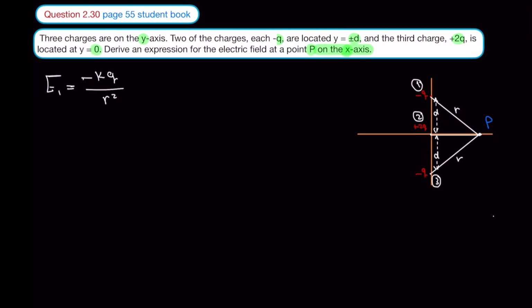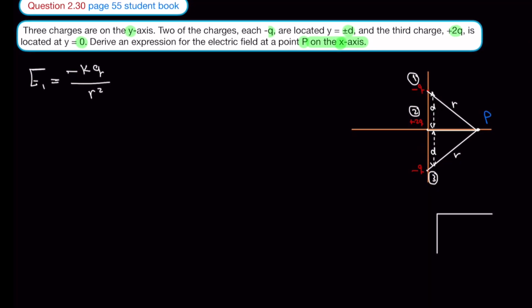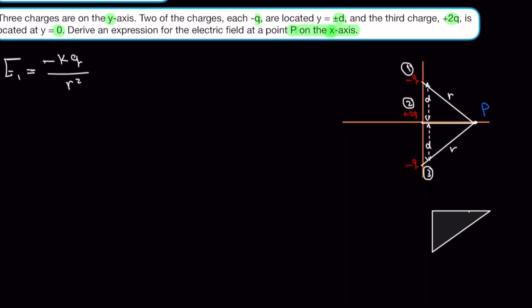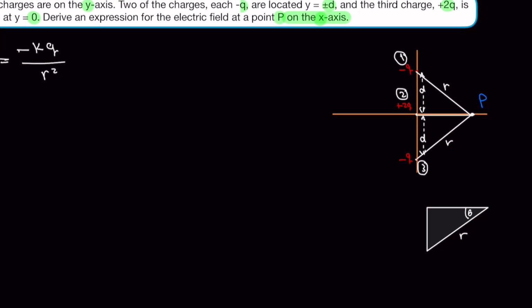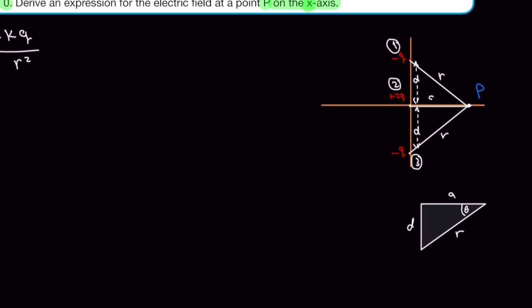So let's draw the triangle separately here. So here we have theta, here we have r, and this one is d. Let's call this one a. So here we have a.